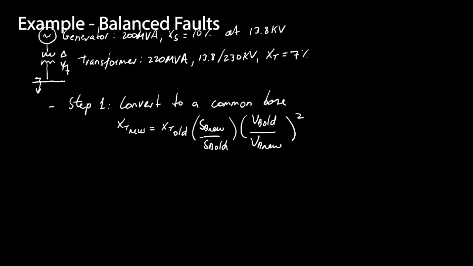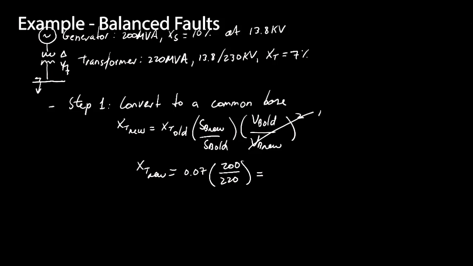So for this example, again, the voltages are going to be the same, so this is going to go to 1, and then the new reactance XT new of the transformer, again, new meaning we're converting from 220 MVA base to 200 MVA base, which is the base of the generator, to bring them to a common base, is going to be equal to XT old, which was 0.07 times the new base of 200 divided by the old base, so 220.